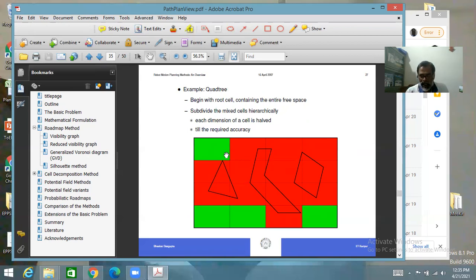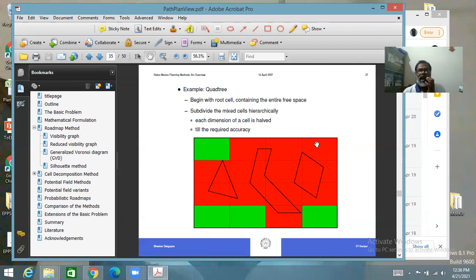In a tree kind of graph structure, you begin with a root cell. In the root cell, the entire free space must be safely contained. In this case, the entire free space is actually contained within a rectangle, because the outer boundary is rectangular, but that need not have been the case. In that case, you take a bigger rectangle which will safely enclose the entire free space and maybe something more.